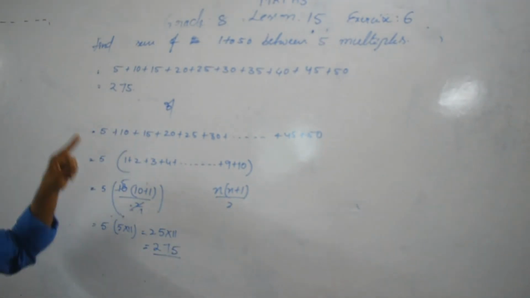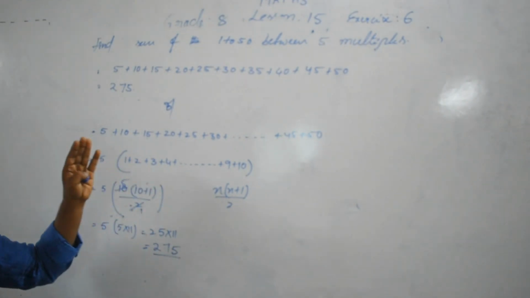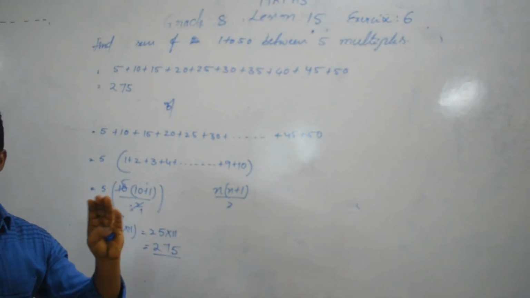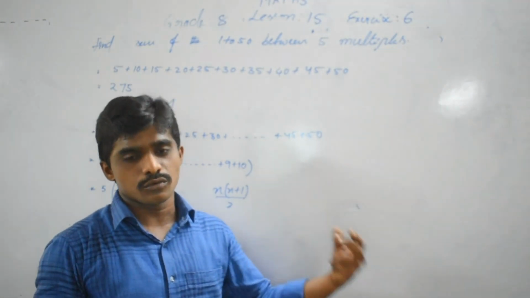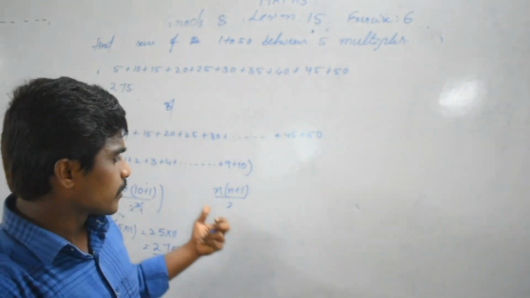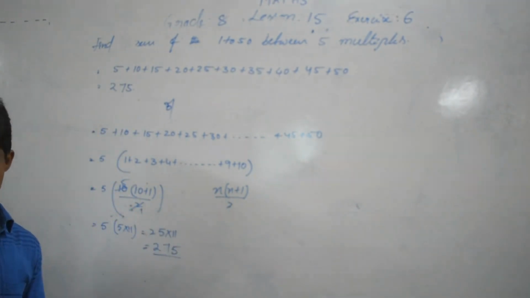Both are equal. So this is consecutive numbers between like 1 to 100, 1 to 50, 1 to 1000. When asked, we use this formula, right?